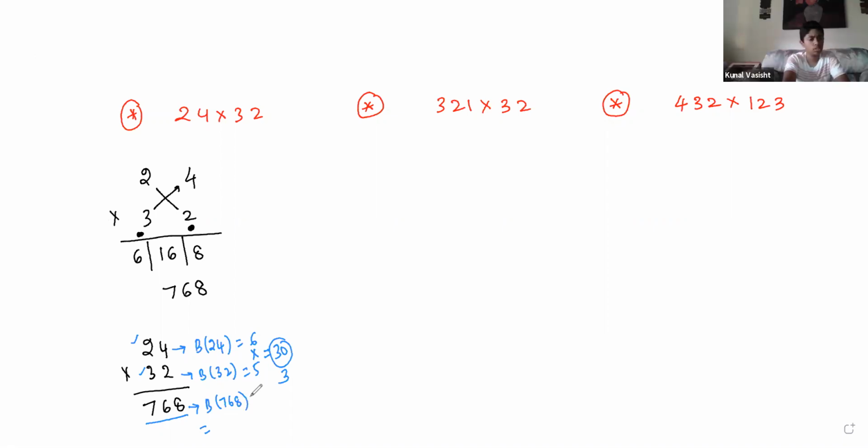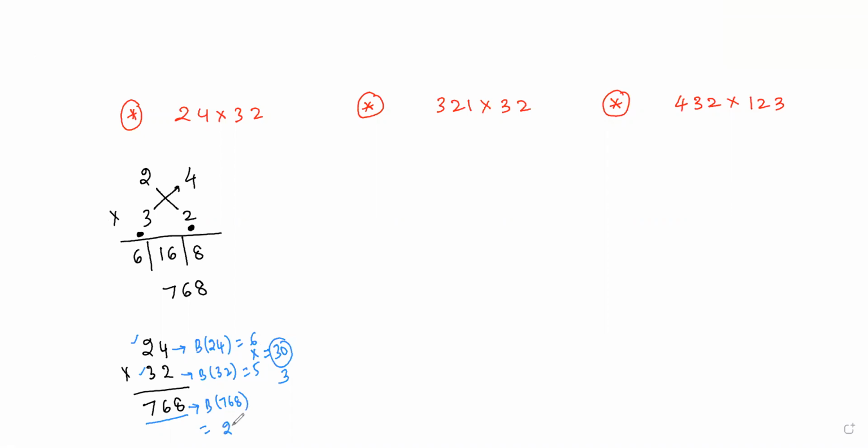Sorry, no, I think it's 21, sir. Which one? The Beejank of 768. 13, yeah, 21. So 21 is nothing but 3. So both are matching. So we can say that maybe our answer is correct in this case.